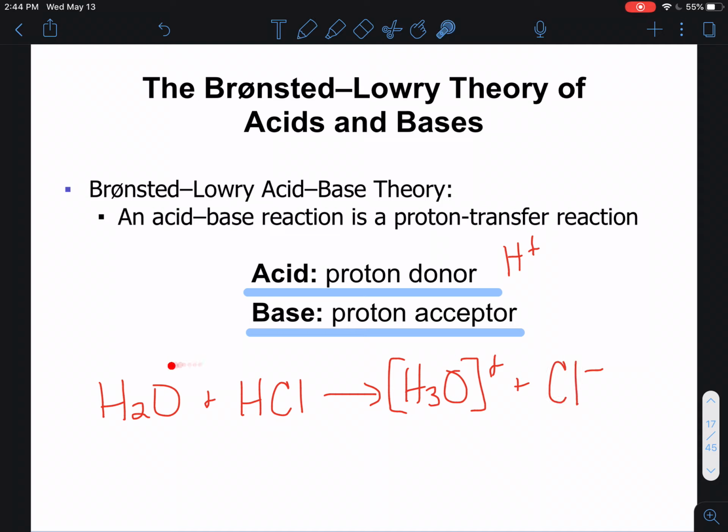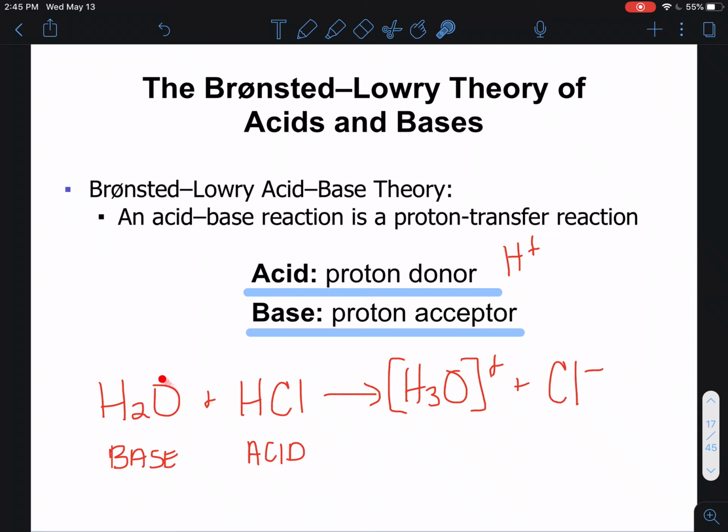In this situation we have an acid that generates H+, and technically water is a base because it accepted the proton to form a hydronium ion.